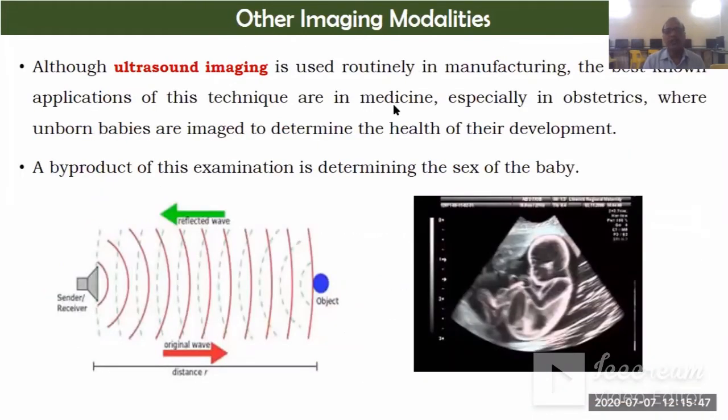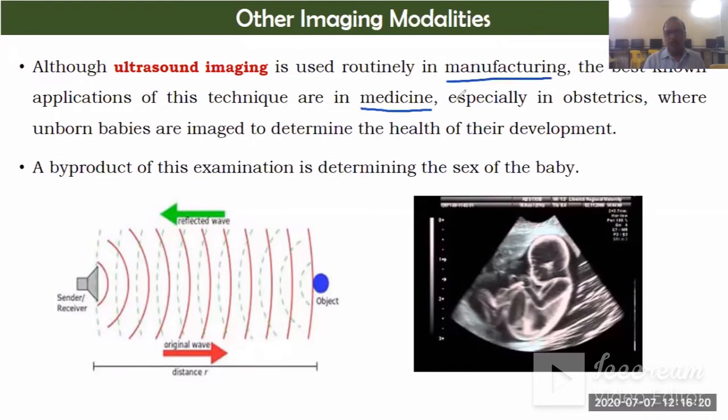The next technique is ultrasonic imaging, ultrasound. This is another technique, ultrasonic sounds. In ultrasound, a higher frequency is required, in the millions of hertz. Ultrasonic imaging is generally used in two fields: one is manufacturing, and the other is medicine.